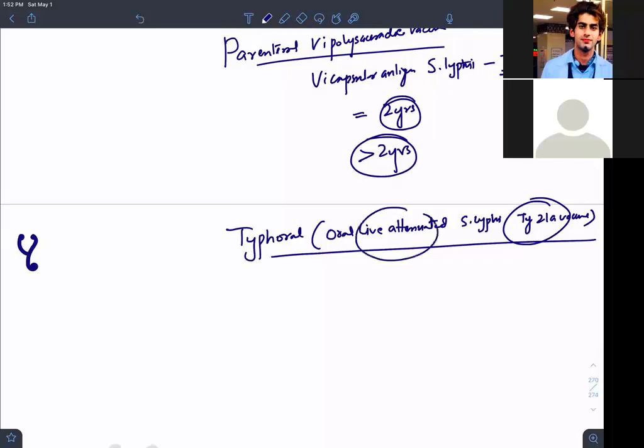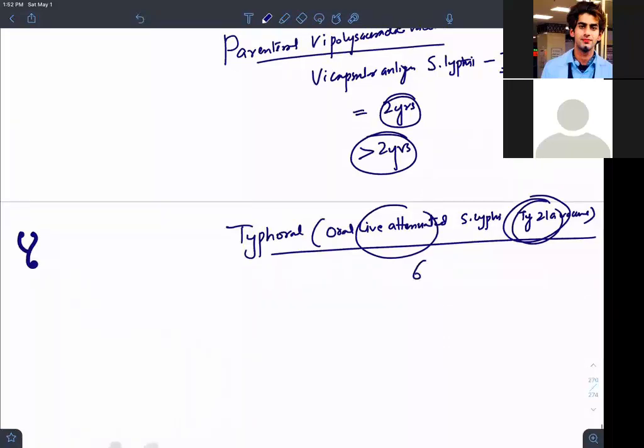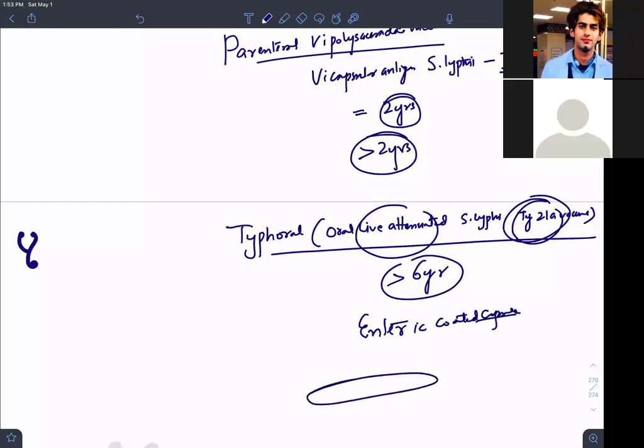It's a live oral attenuated vaccine, strain Ty21a. It's only given after 6 years of age, guys. And it is given as an enteric coated capsule. Do you know enteric coated capsule? Like, for example, you take any capsule, so the vaccine is like that.